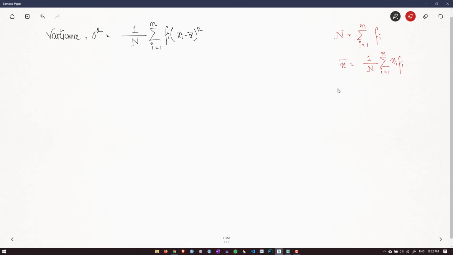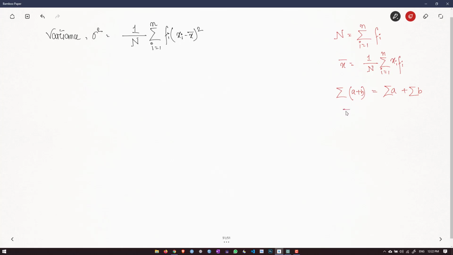Next one is, in case of summation, if you have two series a plus b, this can be written as summation a plus summation b. So summation can be split. Summation of two variables is equal to summation of the first plus summation of the second one. This is our third property.